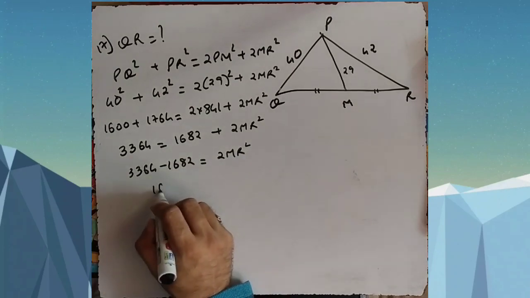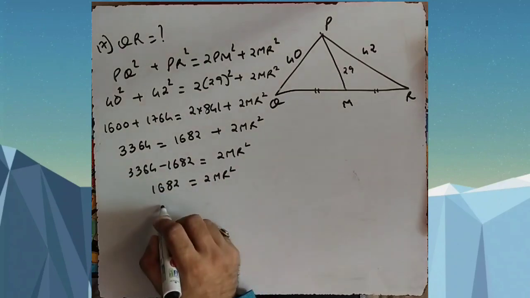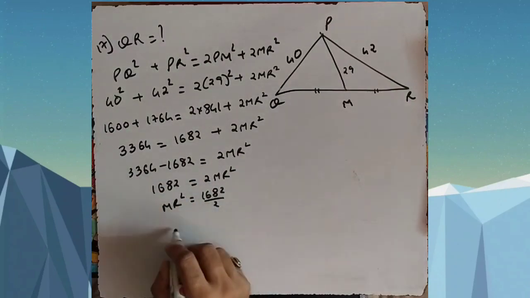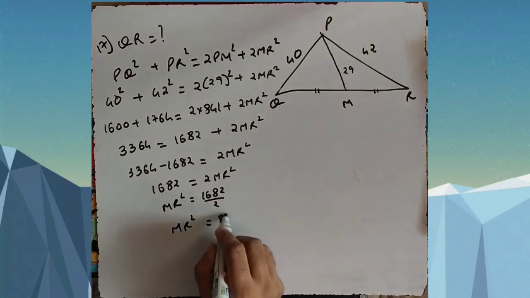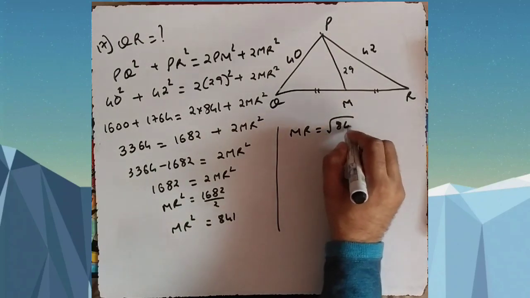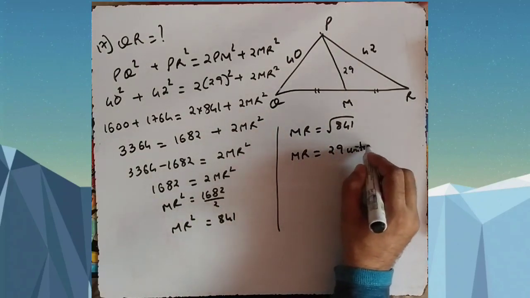Subtracting this, you will get 1682 is equal to 2MR square. MR square is equal to 1682 upon 2, which is 841. MR is equal to √841, MR is equal to 29 units.